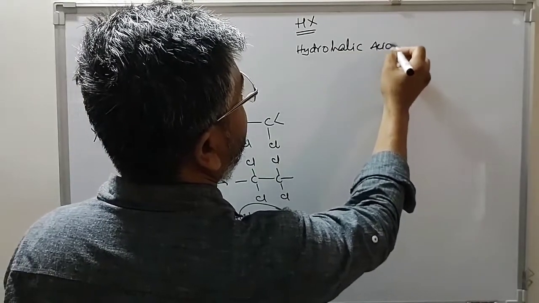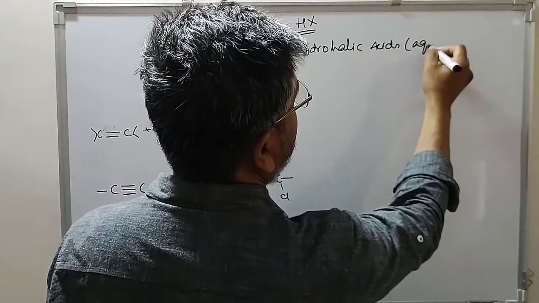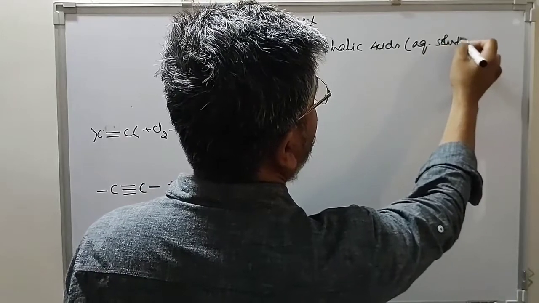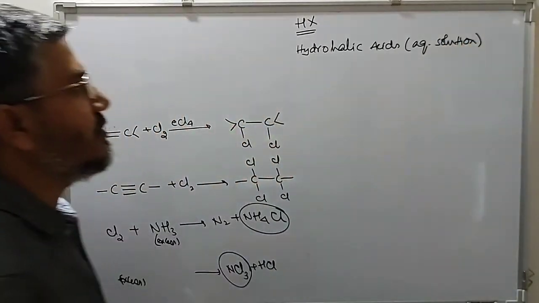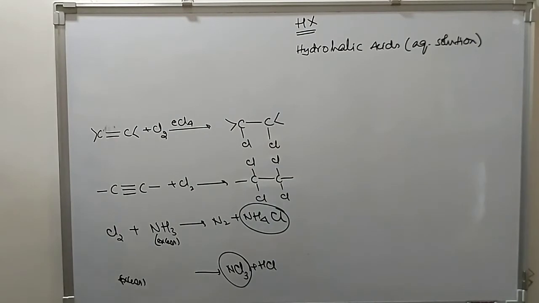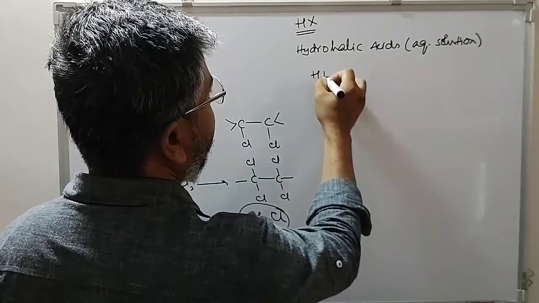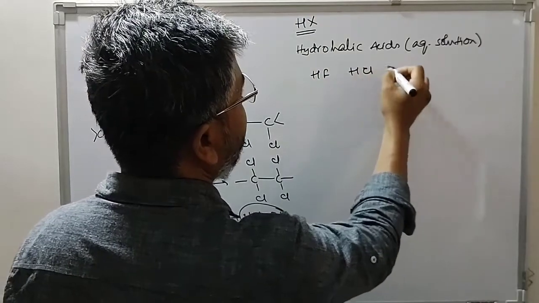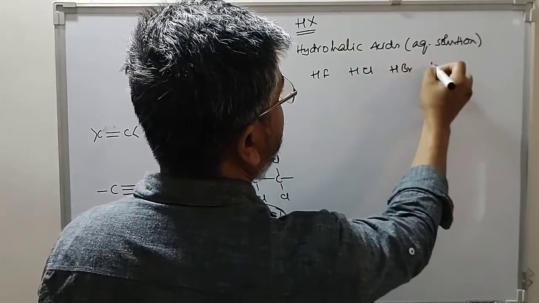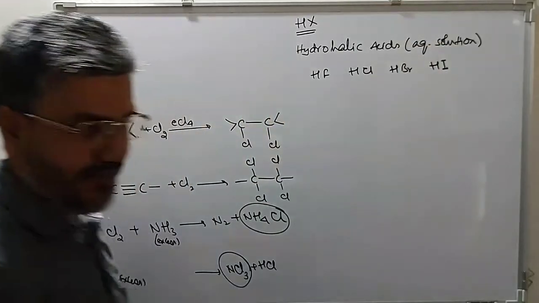So hydrohalic acids means aqueous solution of HX is known as hydrohalic acids. So look at this. We have different types of HX, that is HF, HCl, HBr, HI.